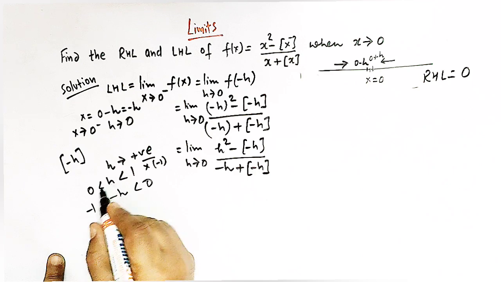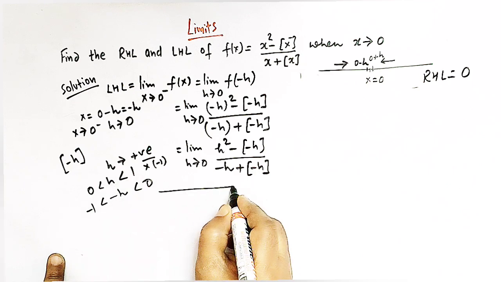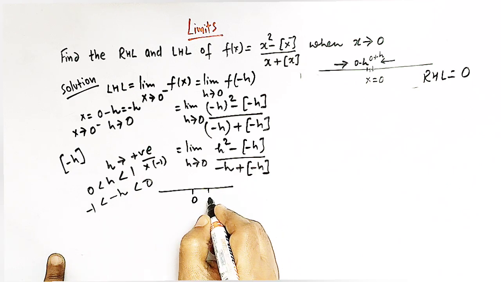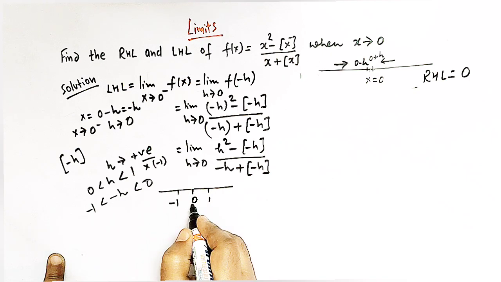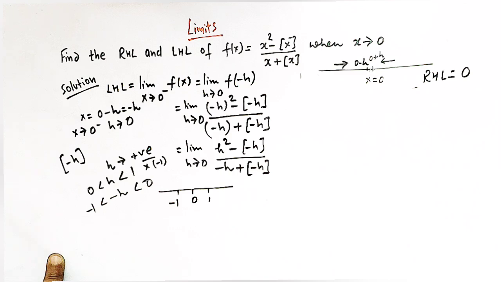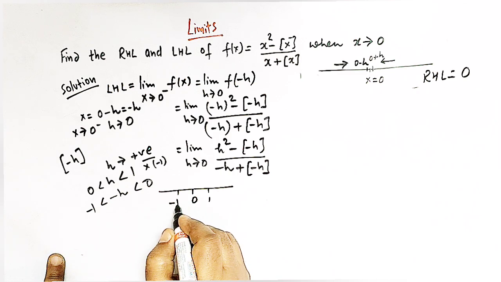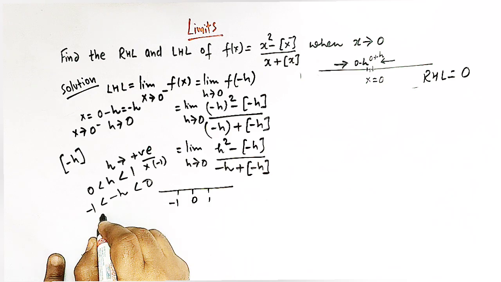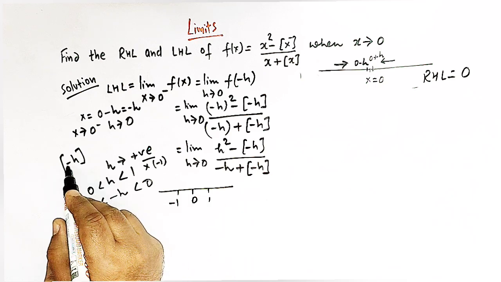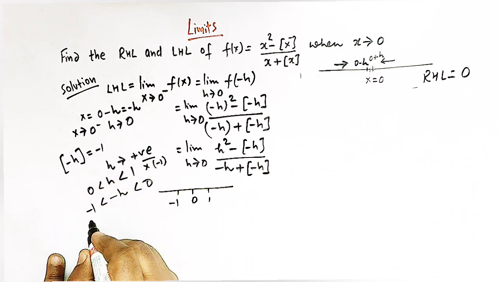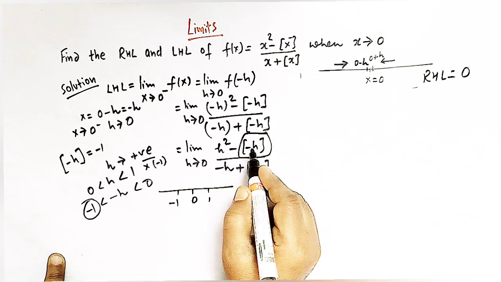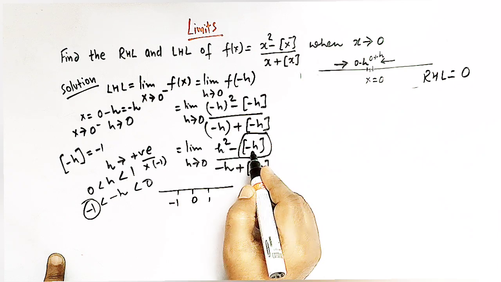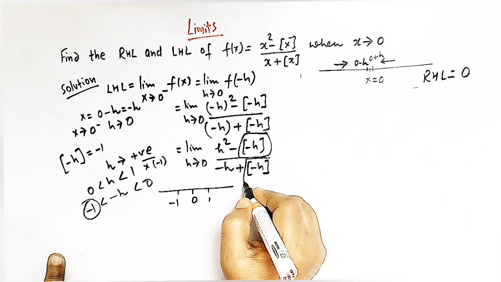So when h lies between 0 and 1, then minus h lies between minus 1 and 0, and by the definition of greatest integer function, anything lying between minus 1 and 0, the greatest integer of minus h should be equal to minus 1. So here for greatest integer of minus h, we can take minus 1.